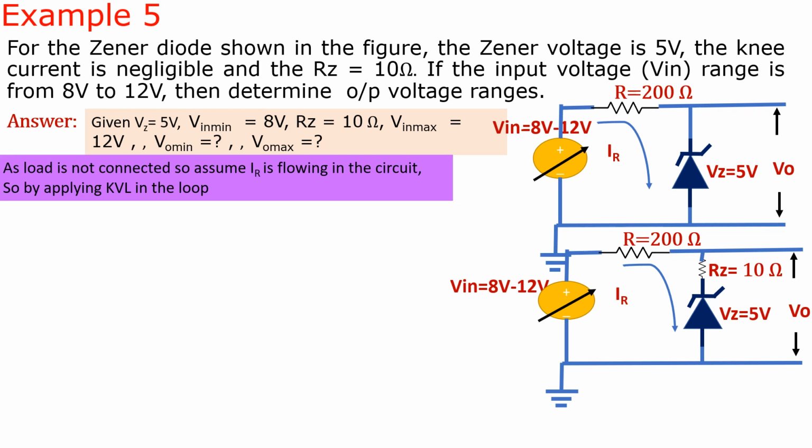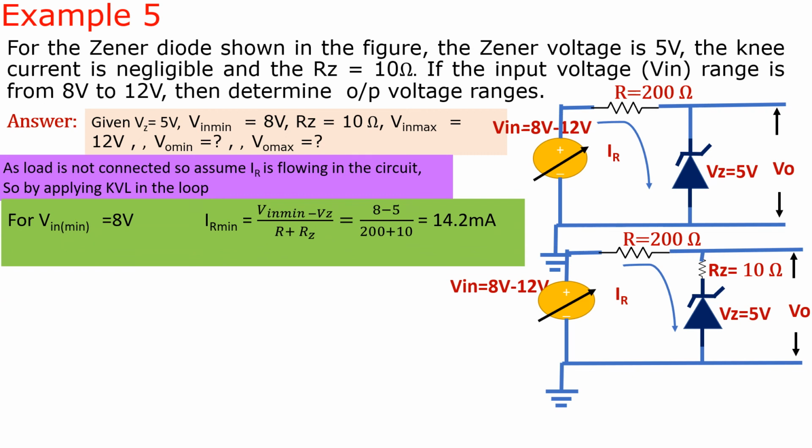So we can apply KVL in the loop, and first we will consider the input voltage V in min 8 volt, and calculate the minimum series resistor current IR min by applying the simple formula V upon R. The voltage difference across the R is 8 minus 5, and the total resistance in this circuit is R plus RZ. So now we will get the current 14.2 milliamps, IR min.